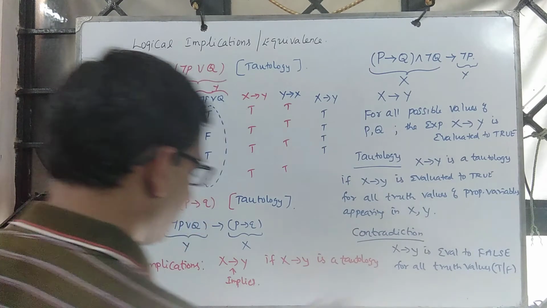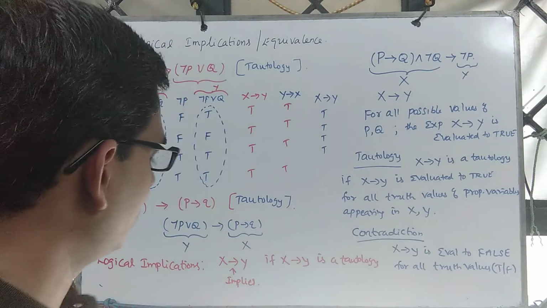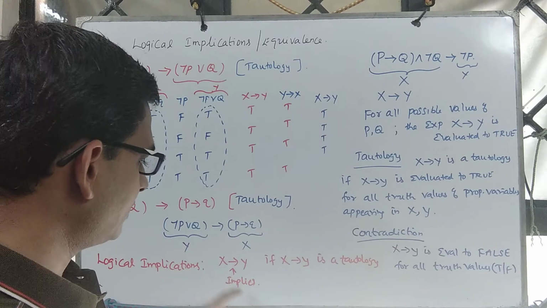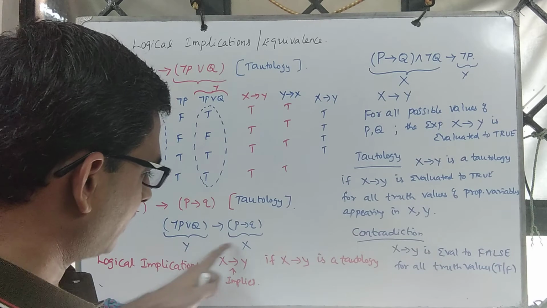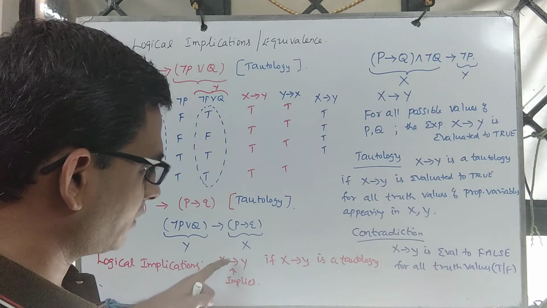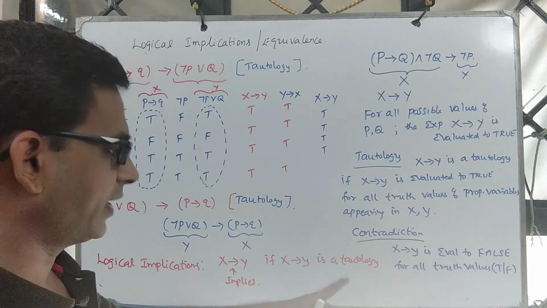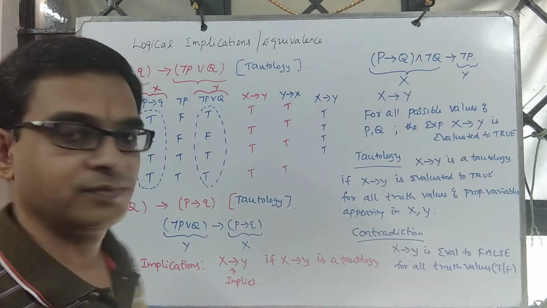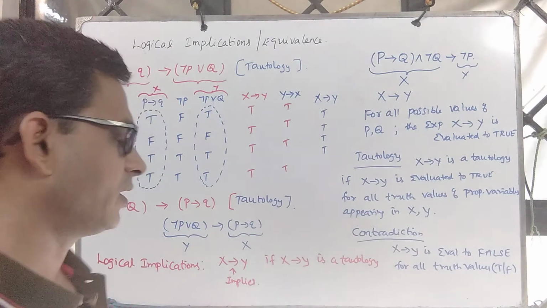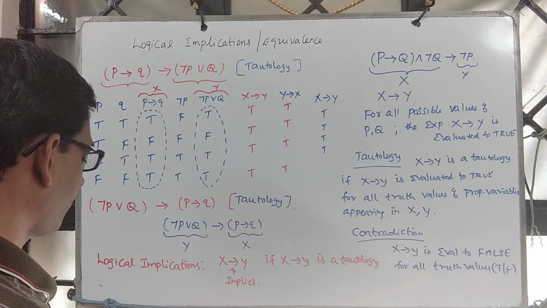The word implies is overloaded. When we say implies, you can assume that we use it when X implies Y is a tautology. Otherwise, one has to check. Otherwise, it could be a tautology or it need not be.